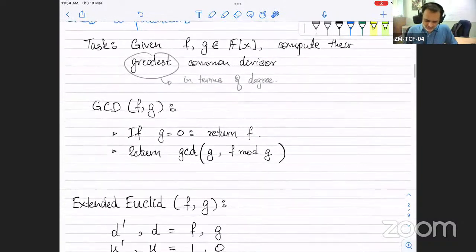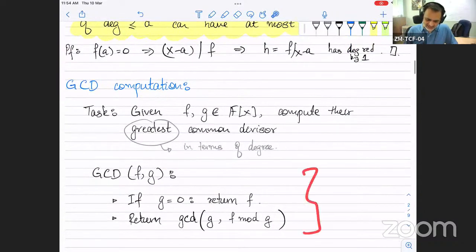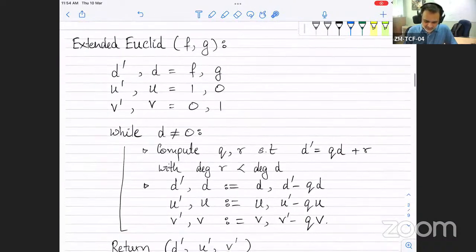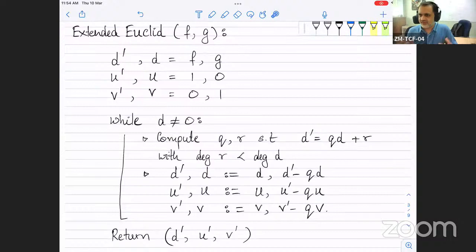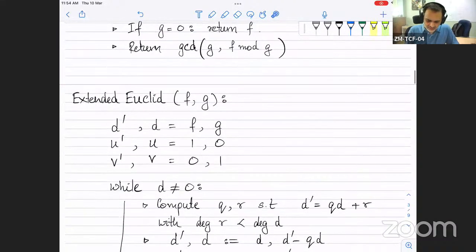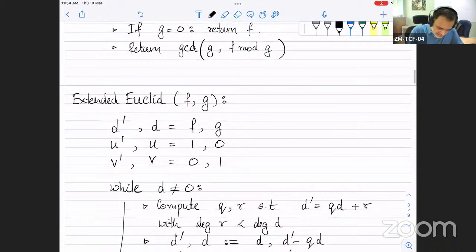Okay. So just like the GCD algorithm, there is something more you can get out of this, which is called the extended Euclid's algorithm. I don't know if this is something that you have encountered in your MFCS course or something. Basically, it's an algorithm that effectively shows that there always exist polynomials u and v such that u times f plus v times g is equal to the GCD of f and g.